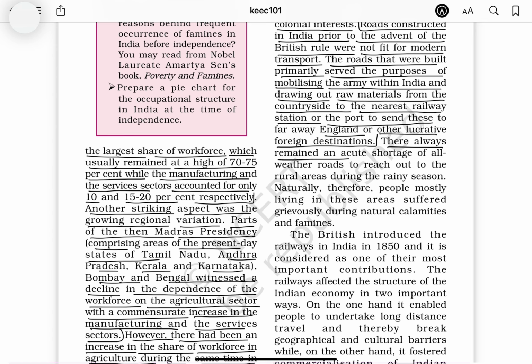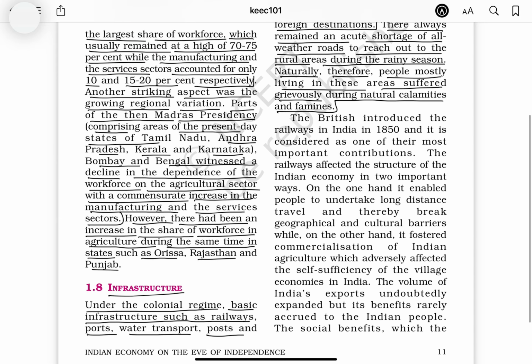There always remained an acute shortage of all-weather roads to reach out the rural areas during the rainy season. Naturally, therefore, people mostly living in these areas suffered grievously during natural calamities and famines.